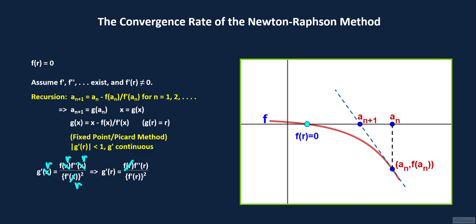And so f of r equals 0, making g prime of r equal to 0, whose absolute value, of course, is less than 1. Therefore, the fixed point method, and hence the Newton-Raphson method, should have the sequence of estimates a sub n converge to r, provided that the initial estimate a sub 1 is close enough to r.